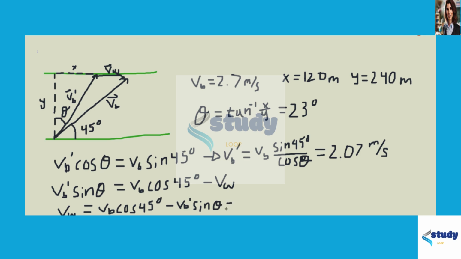Okay, so if we plug in our values for v of b, we have 2.7 times the cosine of 45, and this is meters per second, minus v of b prime, which is 2.07, times the sine of 23, also meters per second.